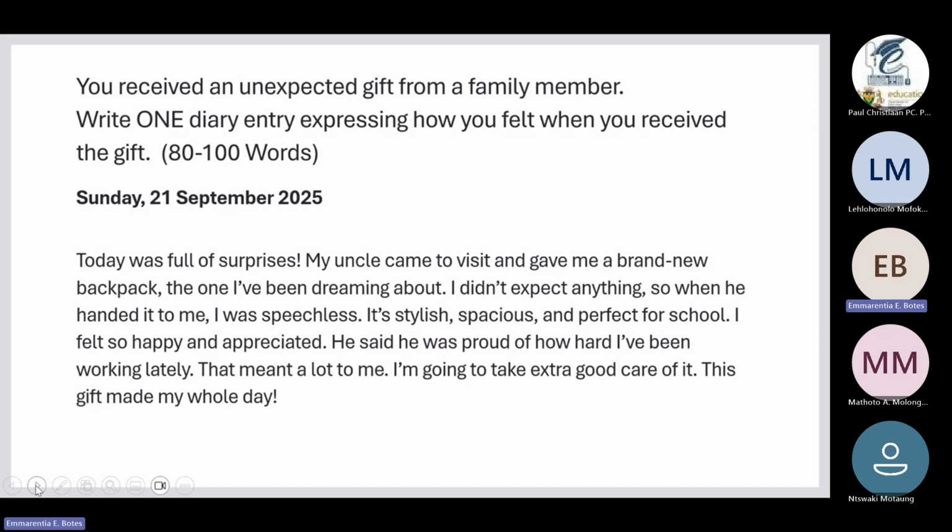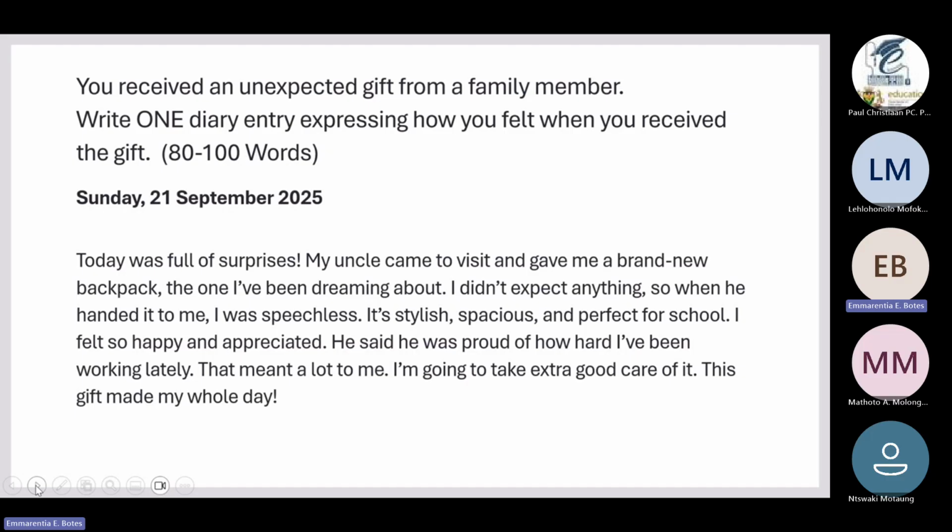I didn't expect anything. So when he handed it to me, I was speechless. It's stylish, spacious, and perfect for school. I felt so happy and appreciated. He said he was proud of how hard I've been working lately. That meant a lot to me. I'm going to take extra good care of it. This gift made my whole day.